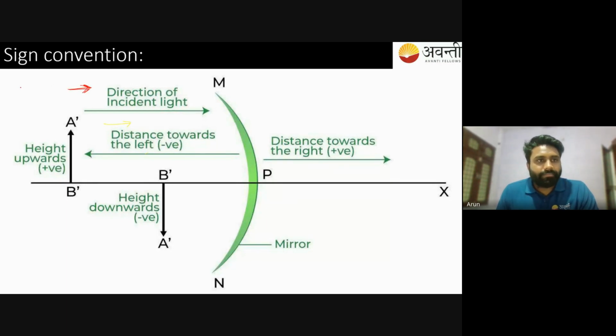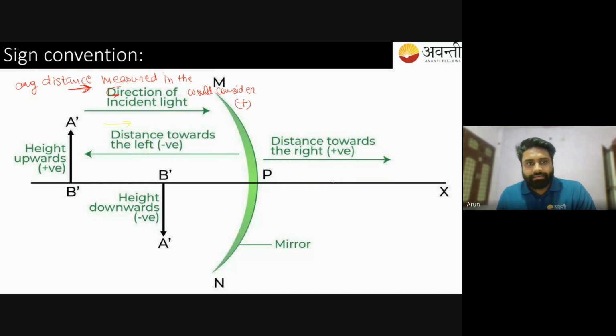Any distance measured in the direction of the incident light is considered positive.